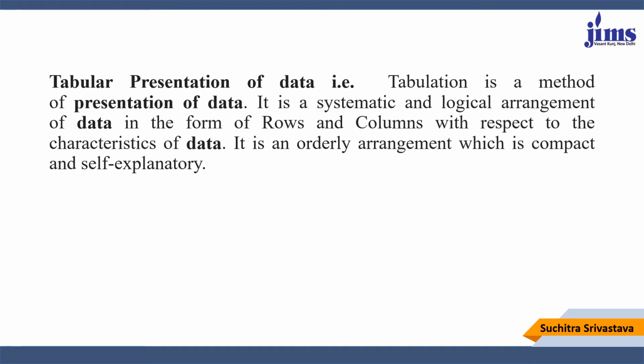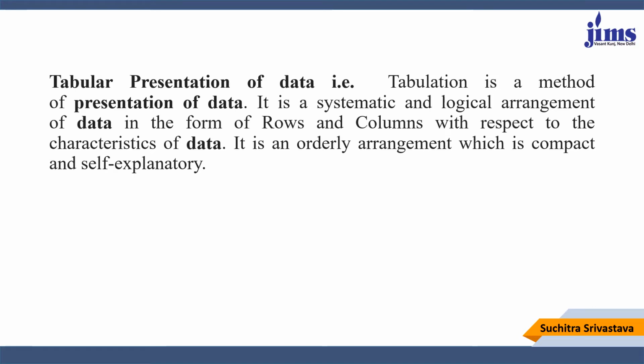So let us begin by understanding what is tabulation. Now, tabulation or tabular presentation of data is a systematic and logical arrangement of data in the form of rows and columns. Now, this categorization into rows and columns is done with the help of some characteristic of the data.